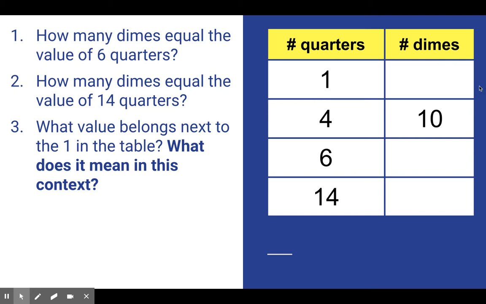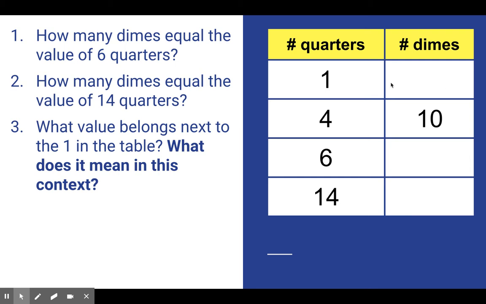And one way that I could have figured that out is taking my 4 and dividing it by 4 to get to 1, because I wanted to find that unit rate, or that constant of proportionality. So if to go from 4 backwards to that 1, I divided by 4, because 4 divided by 4 is equal to 1, that means I need to do the same thing for 10. 10 divided by 4 doesn't come out to a whole number, but if I did it the long way or put it in a calculator, 10 divided by 4 gives me 2.5.